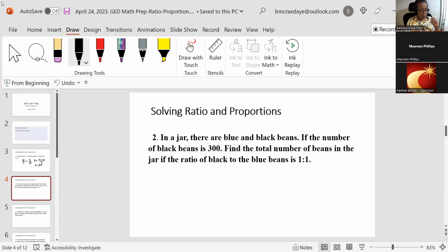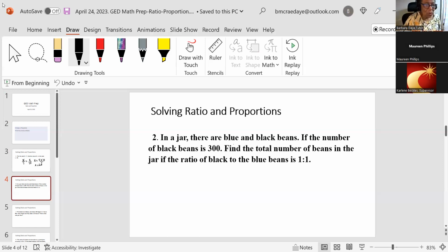So what's the total? The total number of beans, blue plus black. What's blue plus black? No. The number of black beans is 300. Yeah, I know that. So what's the number of blue beans? No. 1 to 1, that's the ratio, Maureen.